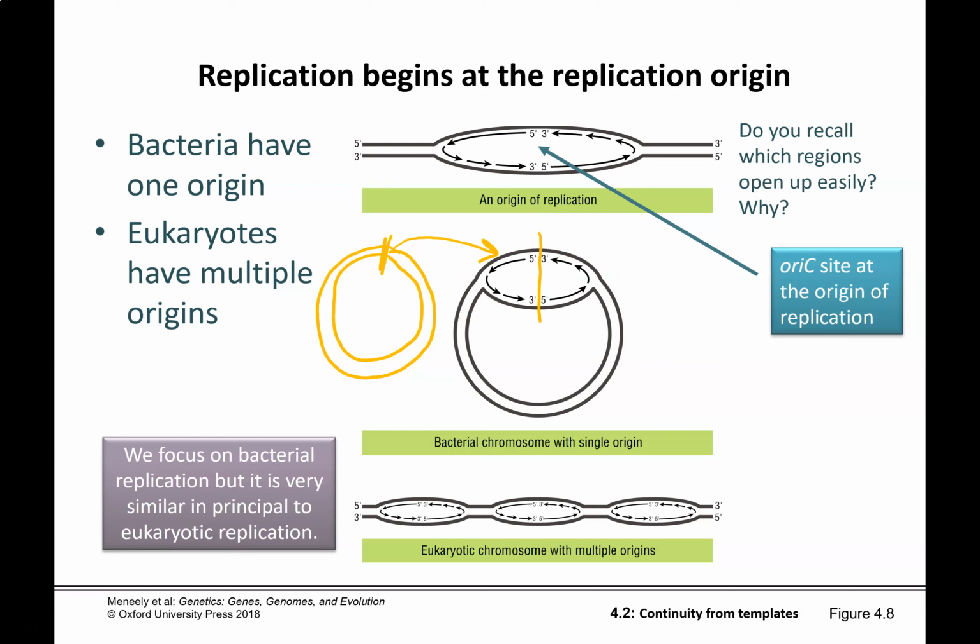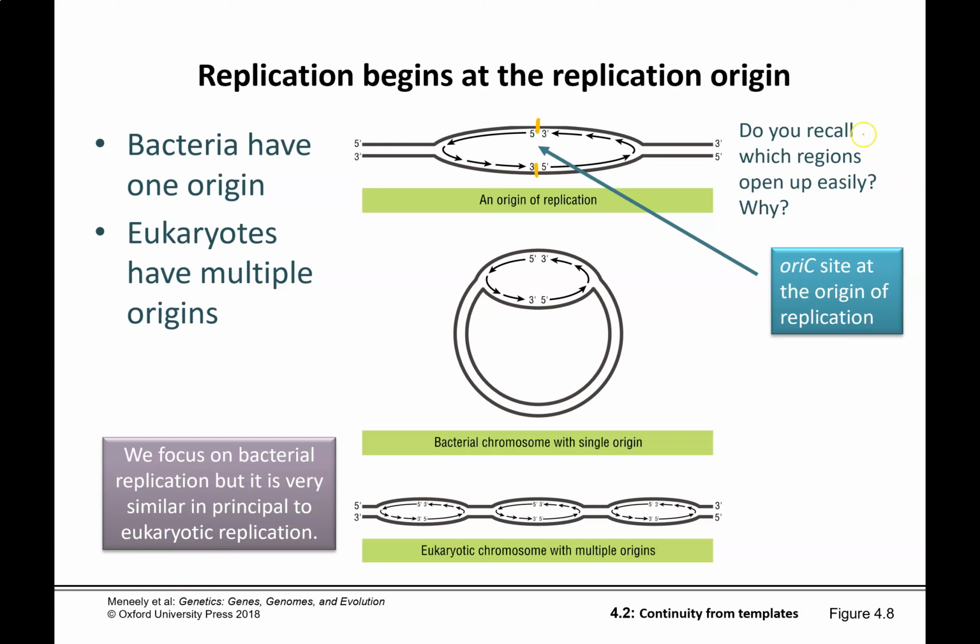Then replication occurs in both directions around this bubble, and extends all the way around until eventually you end up with two identical molecules. The site where all of this replication begins is called the oriC, or the origin C site, in the bacterial DNA.